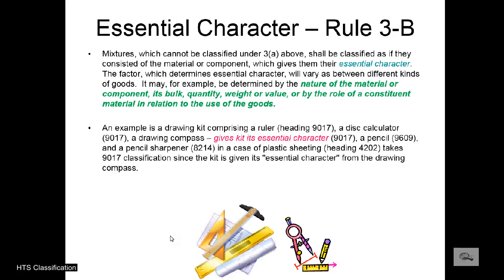An example is the drawing kit. If the compass gives it its essential character, which would be determined possibly through a review of the product, then all the products in the drawing kit are classified as if they were a drawing compass.